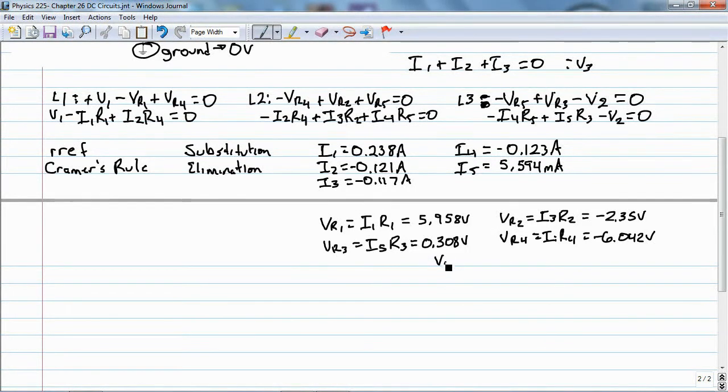And VR5 is equal to I4 R5, and that's equal to negative 3.692 volts.